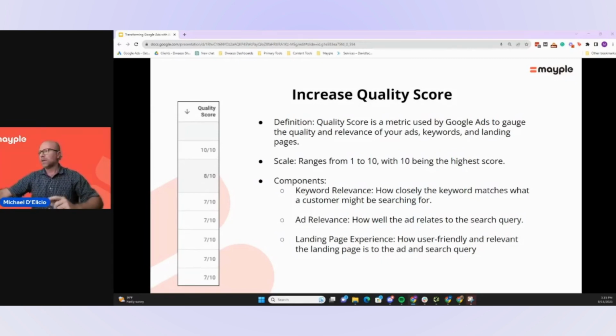So it's a scale of 1 to 10. And what it really tries to factor is, if I'm searching for something, are you going to give me the best possible result with respect to how I'm asking for it, and then not only with the ad, but with the page that the ad leads to.